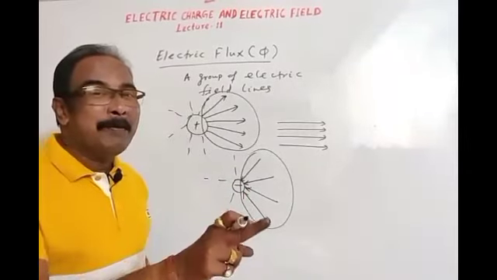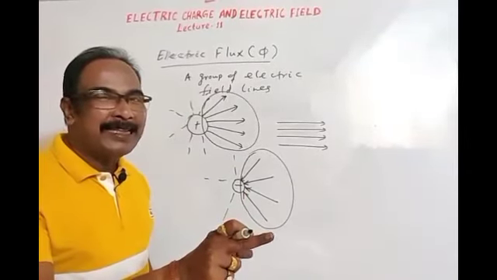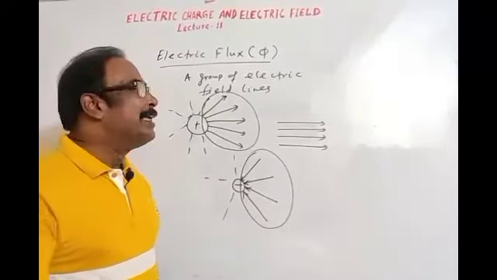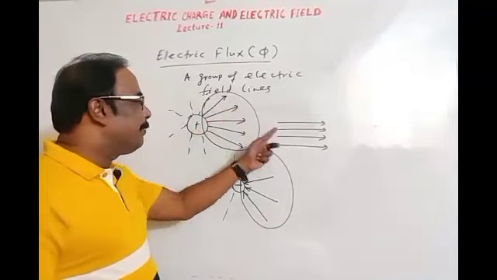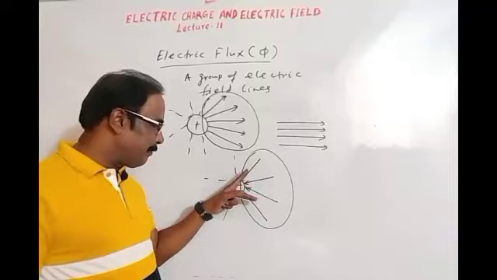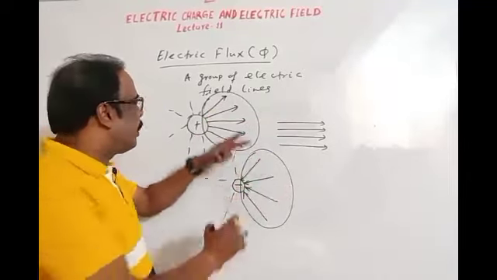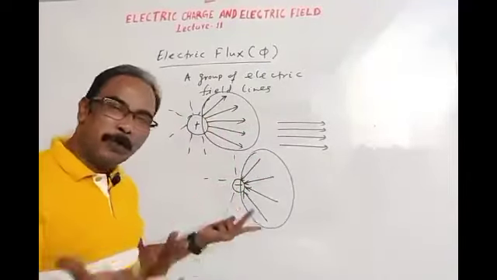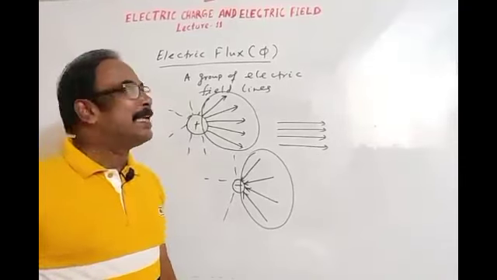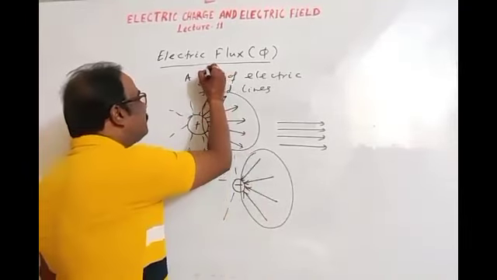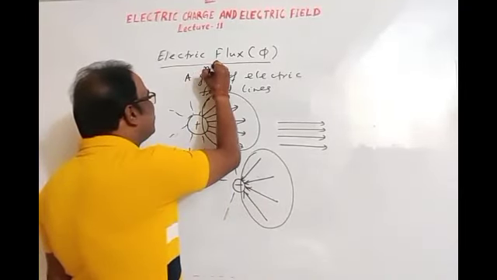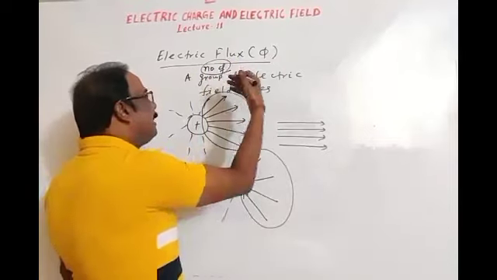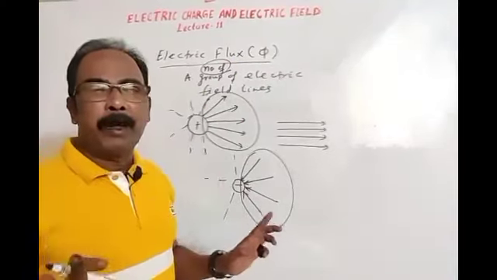A collection of electric field lines is called flux. This is flux, this is flux, this is flux, or for the whole surface also flux. Flux means a group or a number of electric field lines.